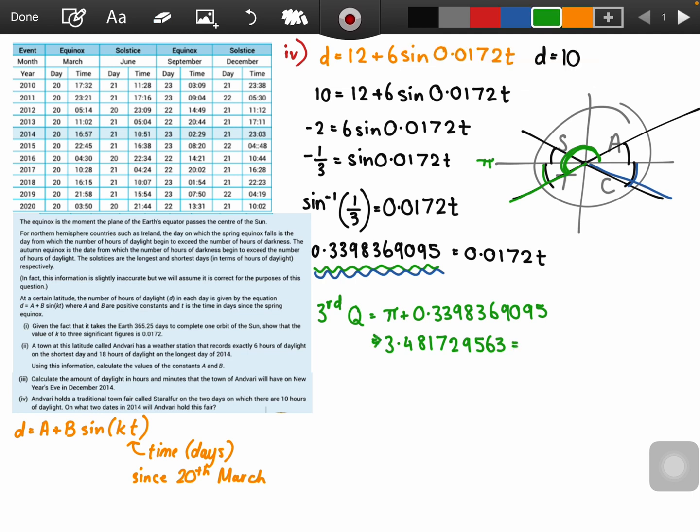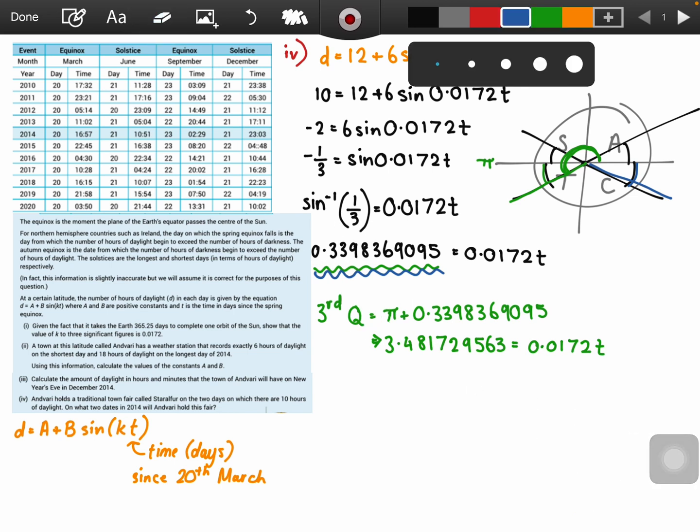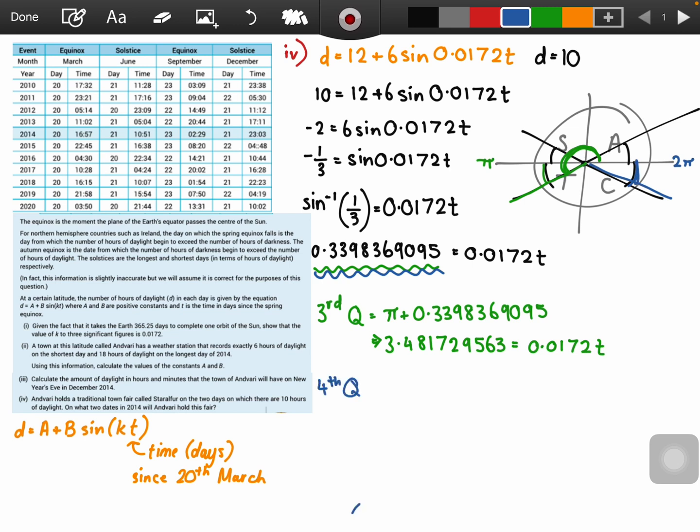Okay, so that's one number that's going to be equal to the 0.0172t. And then the other one is the one that is in the fourth quadrant. Okay, so it's easiest for me to say, well, if it went around the full way, then that would be 2 pi. So let's say, 2 pi, take this reference angle away. Okay, so in the fourth quadrant, it's going to be 2 pi minus this 0.3398369095.